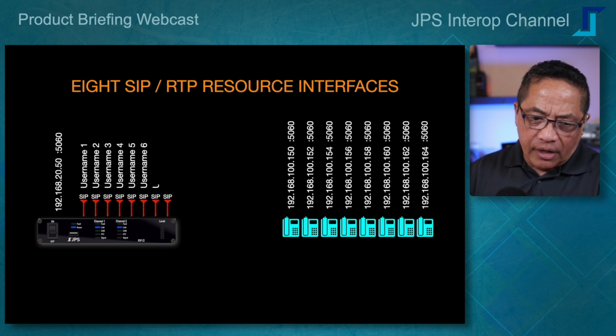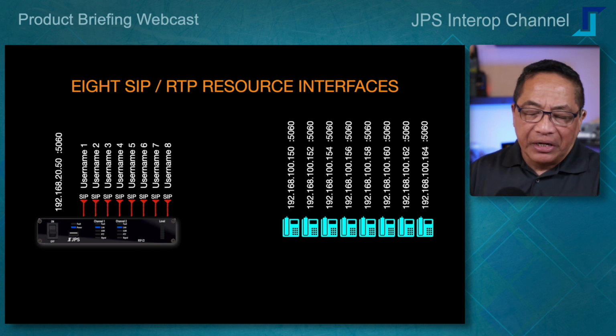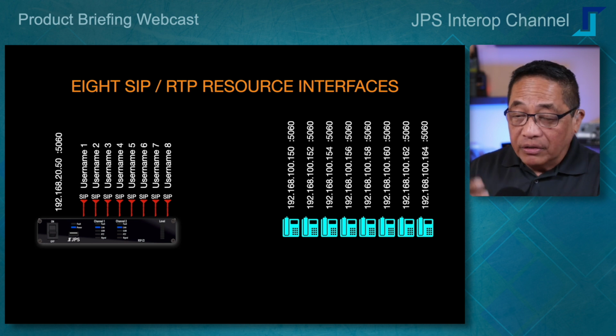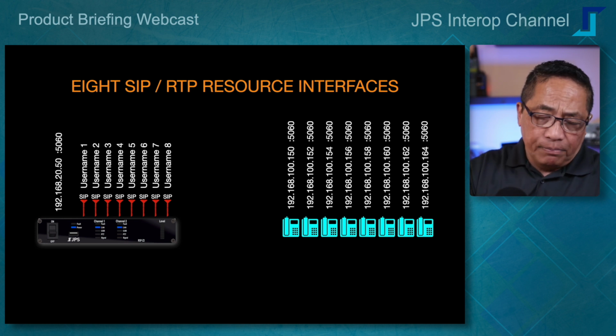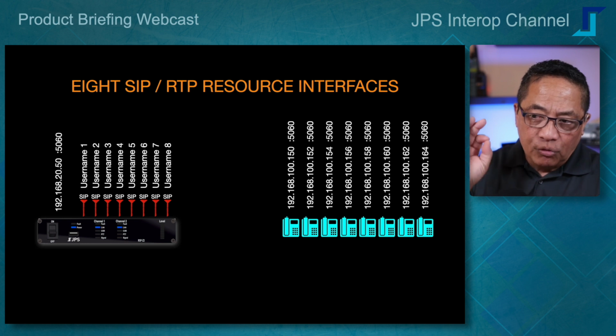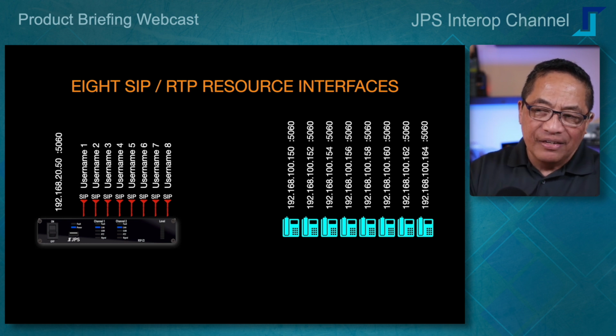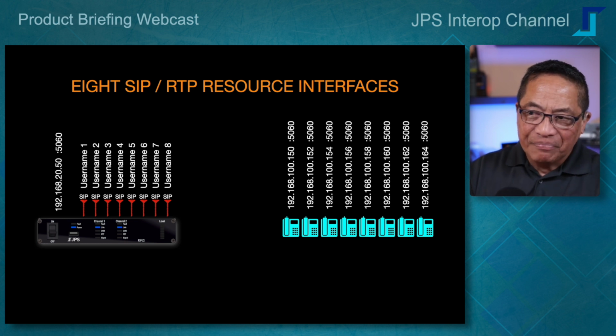So anybody that's a Cisco Unified Call Manager administrator, we typically call that the directory number or the extension. All right, so that's how we can multiplex the 5060 port signaling to one IP address, but still support up to 8 resources. So I just want to differentiate that.